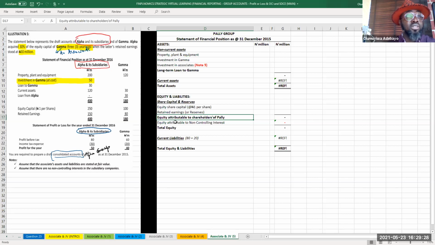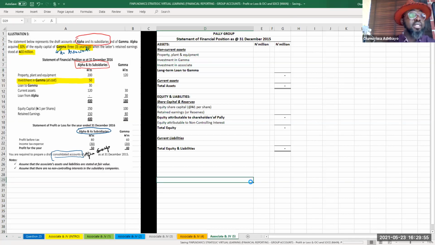Okay, that's all I have there. Current liabilities. Okay. That is that now.